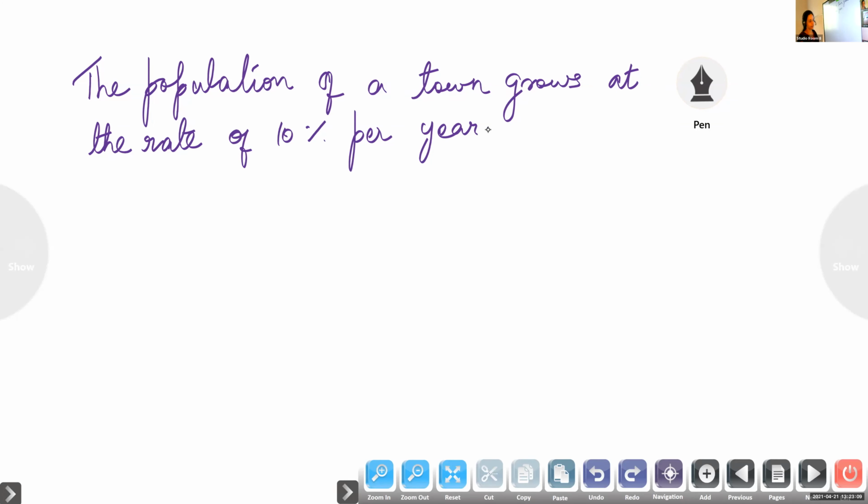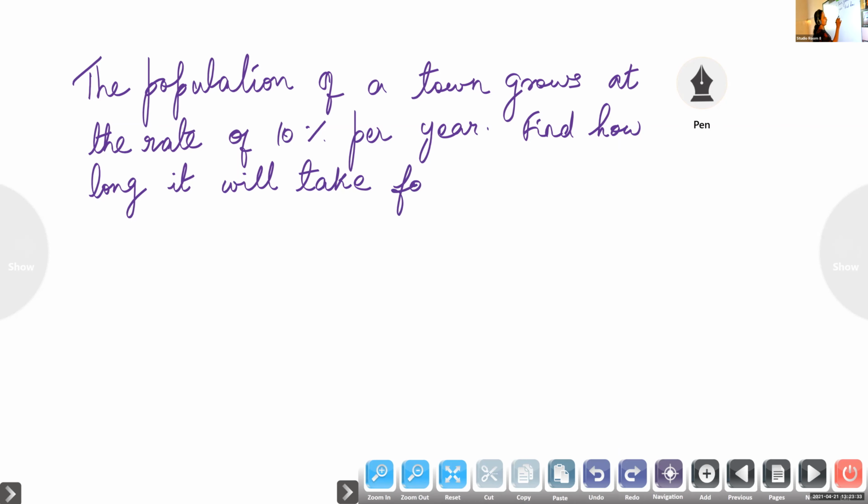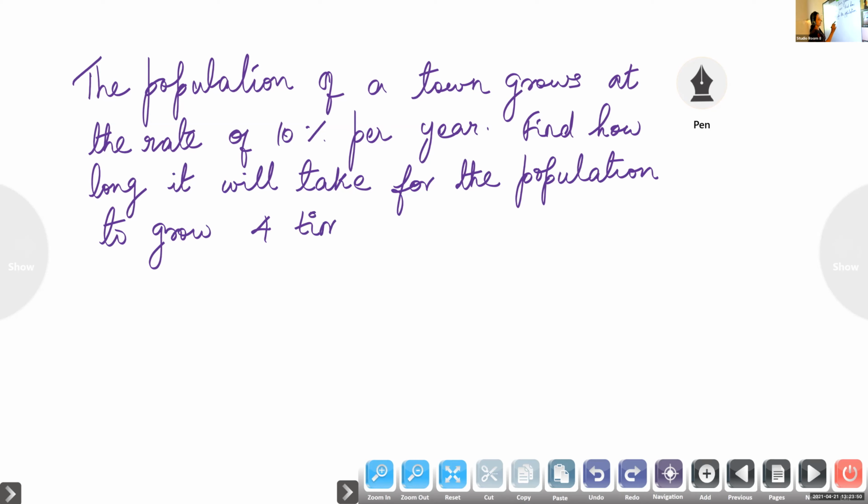Find how long it will take for the population to grow 4 times.